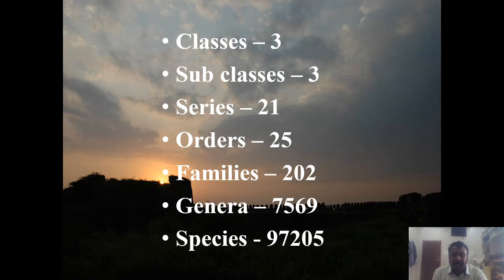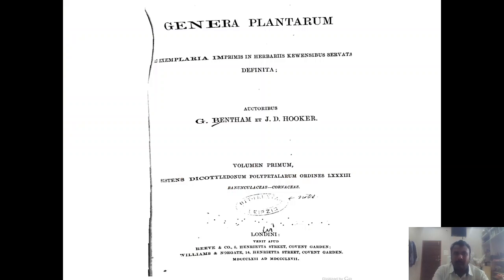They collected 97,205 species of angiosperms, and they described each and every taxon. That is the monumental work done by Sir Joseph Dalton Hooker and Bentham. Now, this is the first page of Genera Plantarum, written by George Bentham and J.D. Hooker.